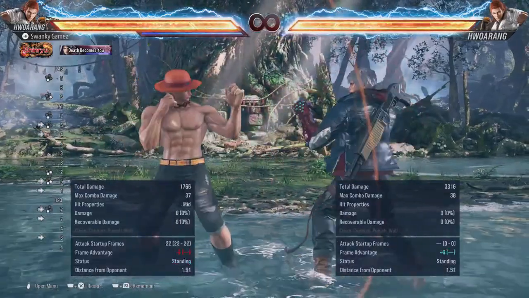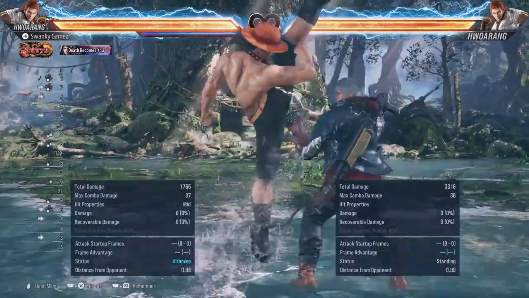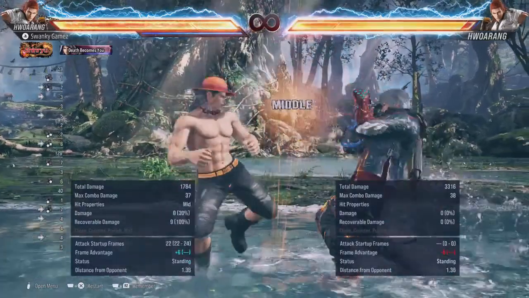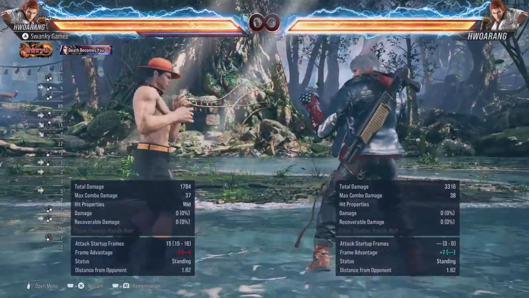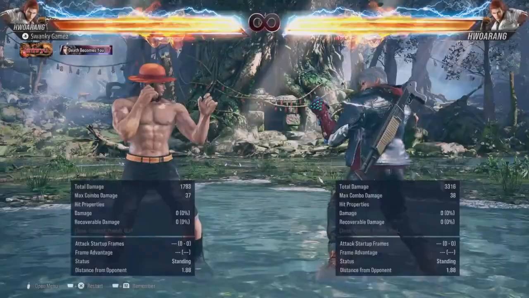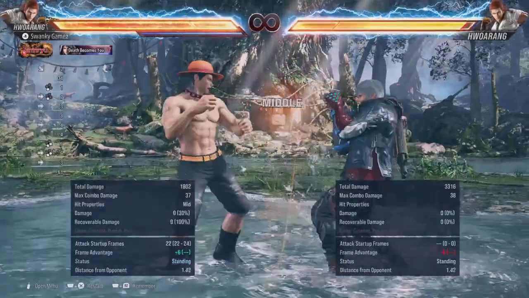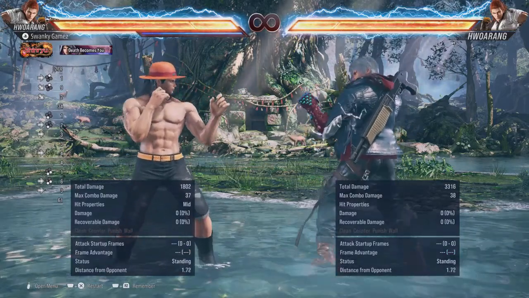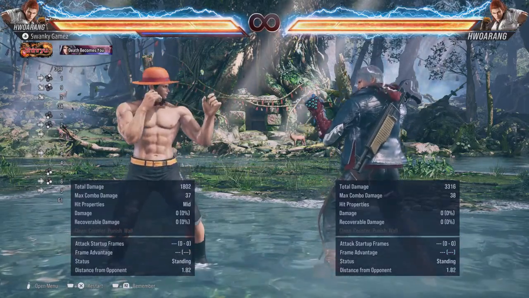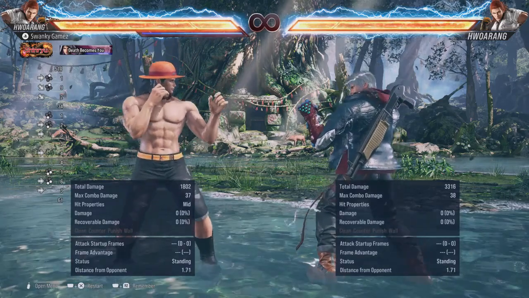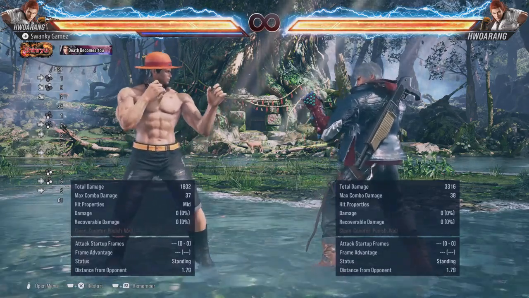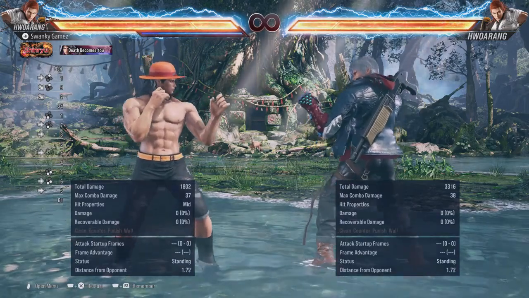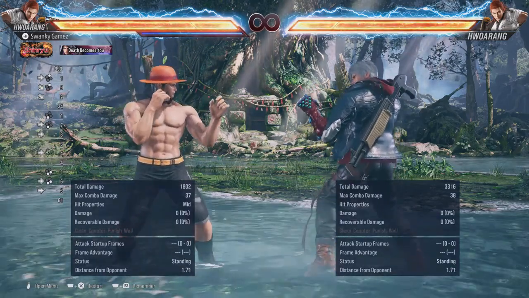Sometimes it's good to really stay in those frames just to keep it compact, and sometimes maybe you want to try to do something a little bit bigger, just to really try to get your opponent to open up a little bit, because they might see that once and be like, I feel like I can interrupt that, and then the next time they try to interrupt it, and then they get launched for it.